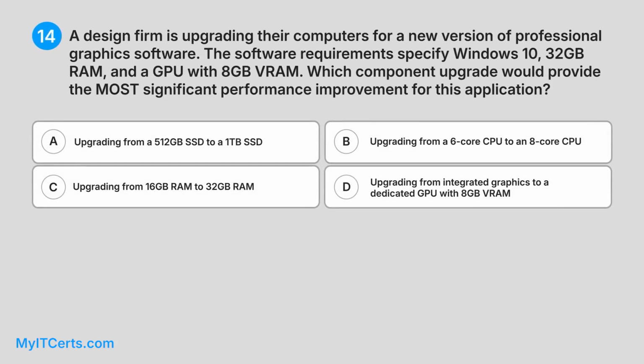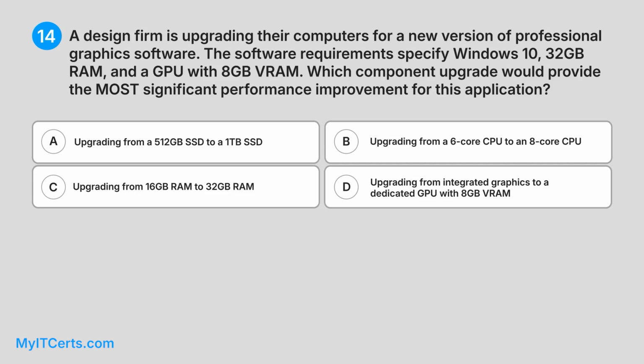14. A design firm is upgrading their computers for a new version of professional graphics software. The software requirements specify Windows 10, 32 GB RAM, and a GPU with 8 GB VRAM. Which component upgrade would provide the most significant performance improvement for this application?